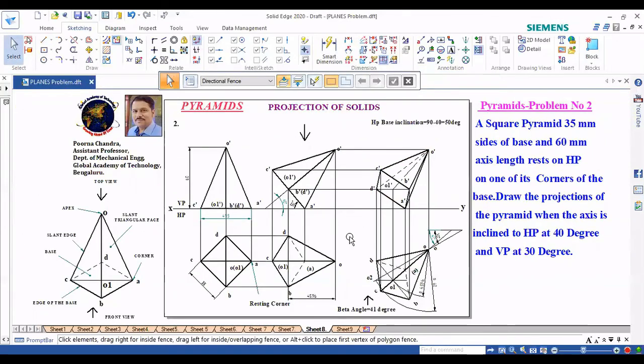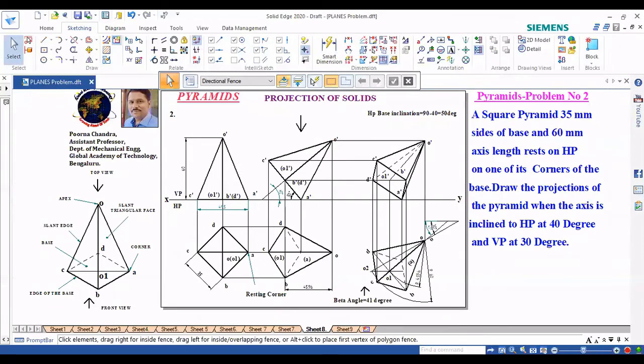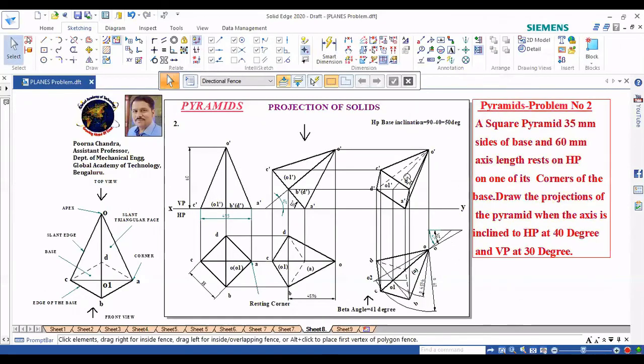Right. So again, if you analyze this, we have a square pyramid resting on HP, one of its corners, resting corner A. The same A came at the end. You can watch here. It is lying on corner A only, not other corners, right? That's why we can tell that the right side is the resting corner.